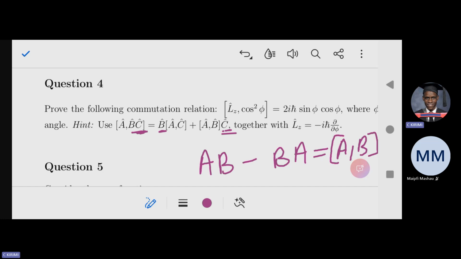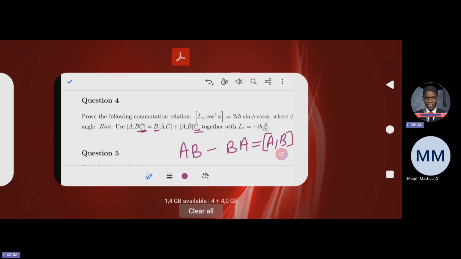You start with the forward, A times B, minus the reverse, B times A. In this case, the order matters.